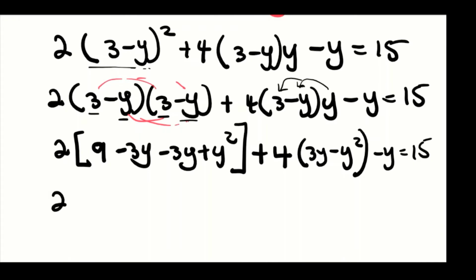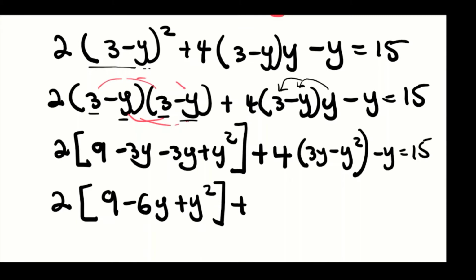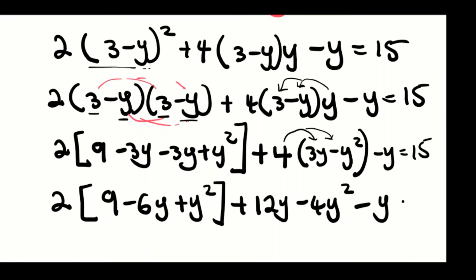Right, so you'll have 2 into 9 minus 6y plus y squared, plus, and then the 4 will multiply everything inside here, so it's going to be plus 12y minus 4y squared, minus y equals 15.